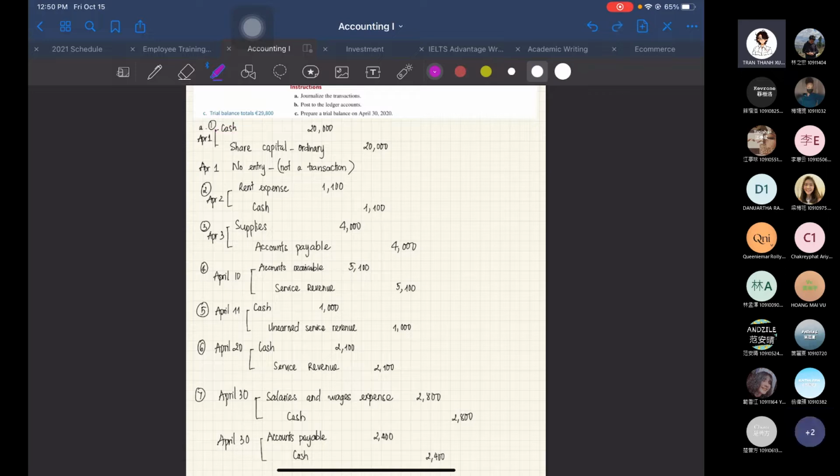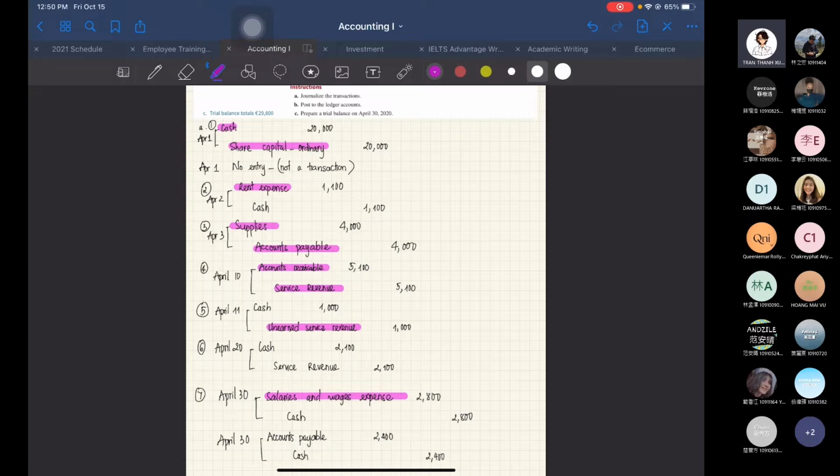First, cash, share capital ordinary, rent expense, supply, account payable, account receivable, service revenue, unearned service revenue, salary and wage expense. That's it. How many accounts?